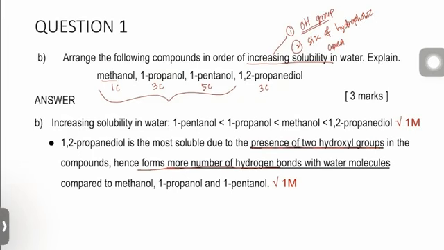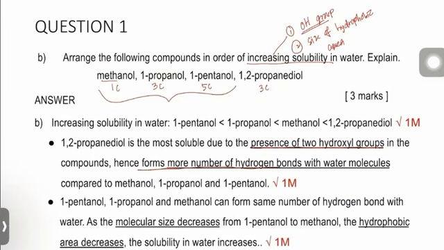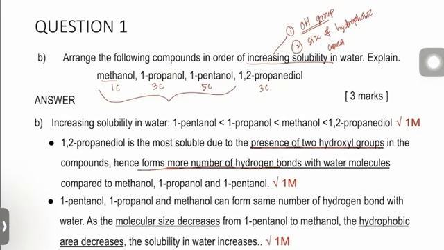The second point for discussion is the size of the hydrophobic area. 1-pentanol, 1-propanol, and methanol can form the same number of hydrogen bonds with water. As the molecular size decreases from 1-pentanol to methanol, the hydrophobic area decreases, so the solubility in water increases. That is another 1 mark for the explanation of increasing solubility.